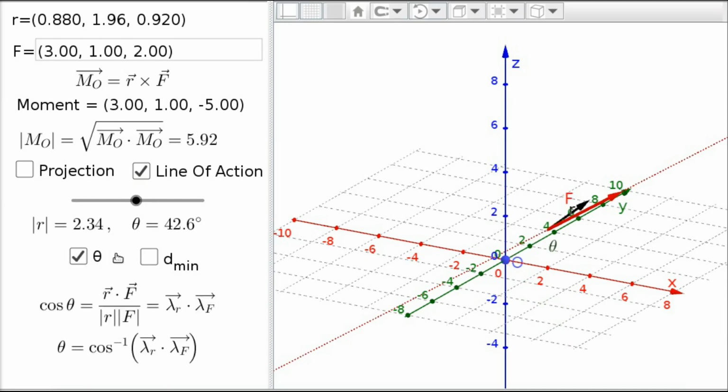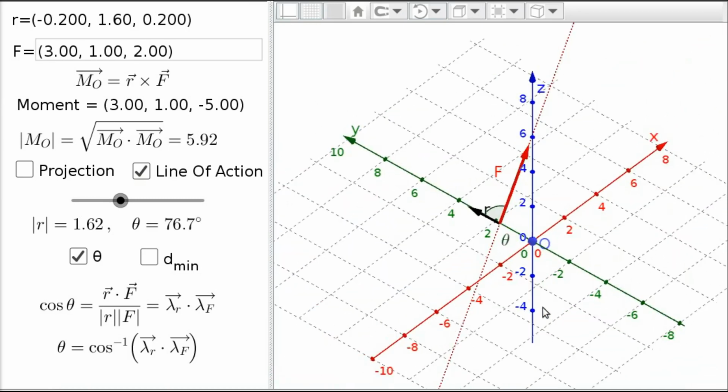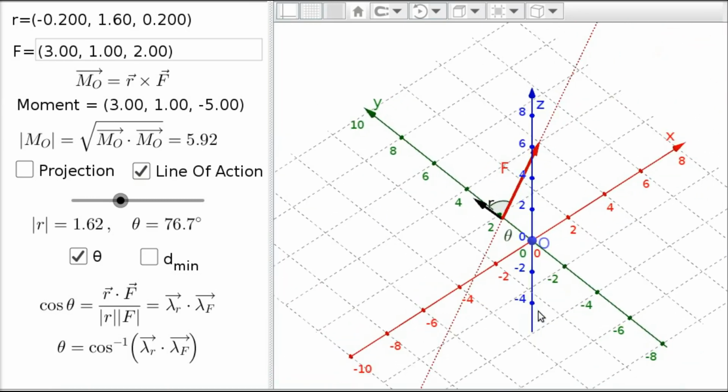So now let's look at the angle between these vectors. I've redrawn the r vector, moved it out along its line of action a little bit, and we'll look at the angle between these vectors. We see that this angle, again, can be computed from a dot product.